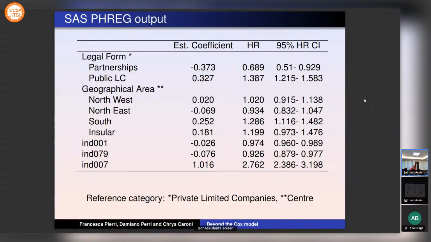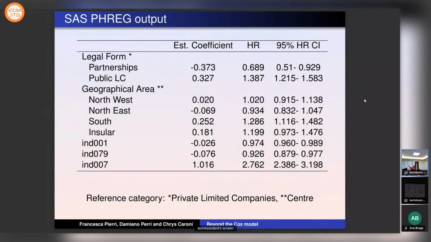When the hazard ratio is less than 1, it is protective. So the firm goes to bankruptcy with less probability. And you can see the same on the estimated coefficient. If the coefficient is negative, it is protective. Otherwise, it increases the bankruptcy.